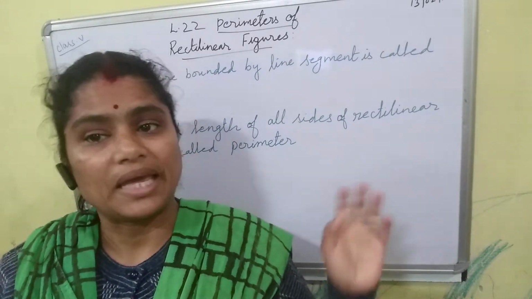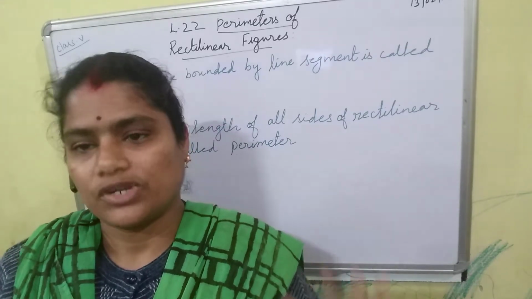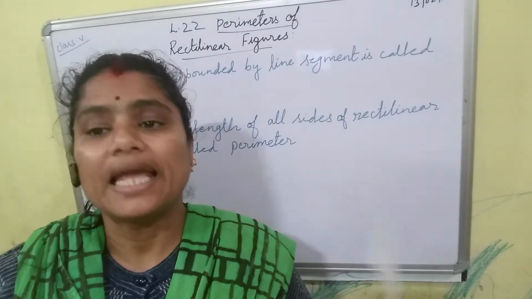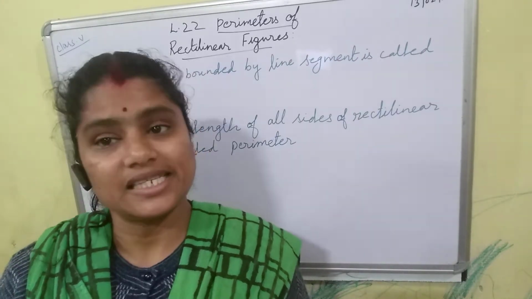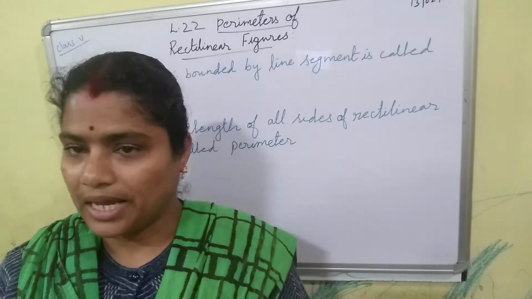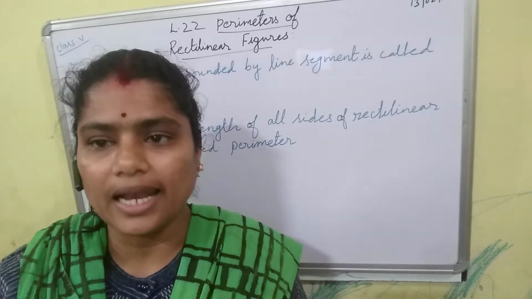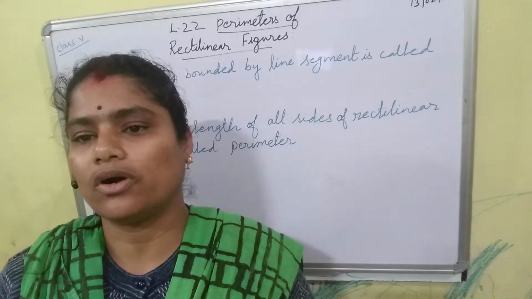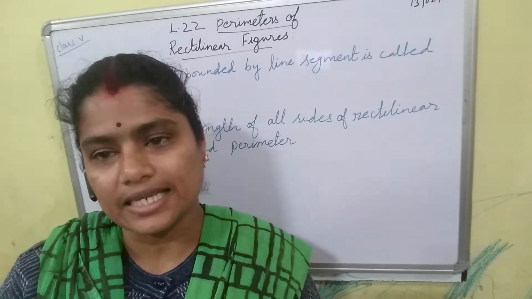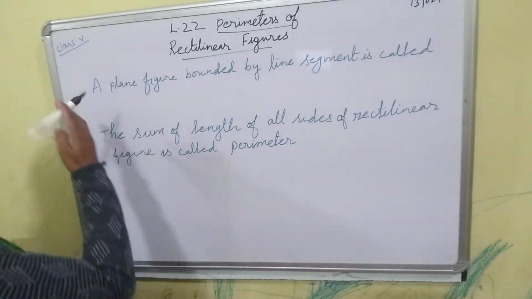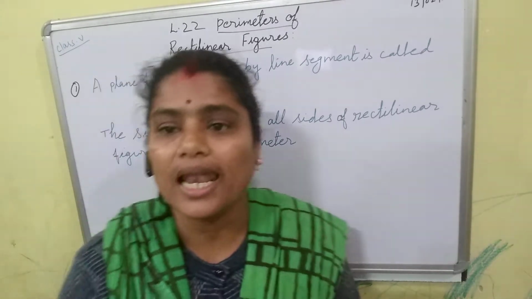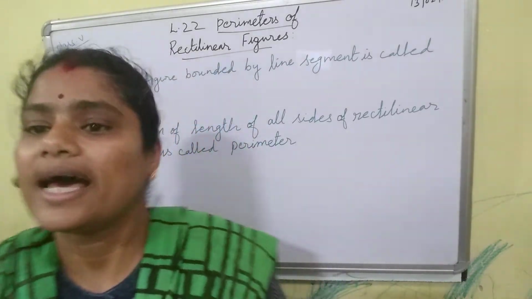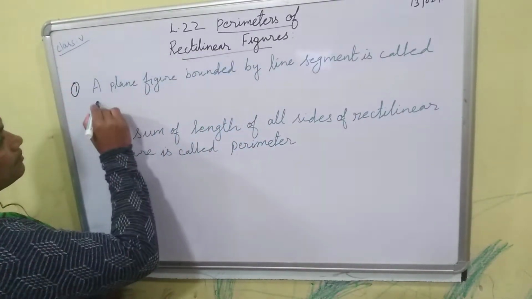What is the perimeter? First, a plane figure bounded by line segments is called a rectilinear figure. This is the first point.